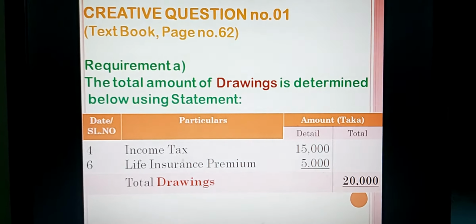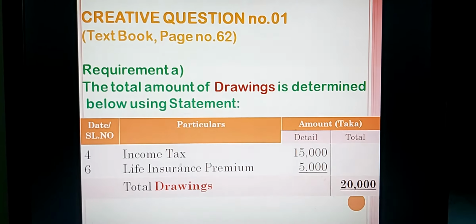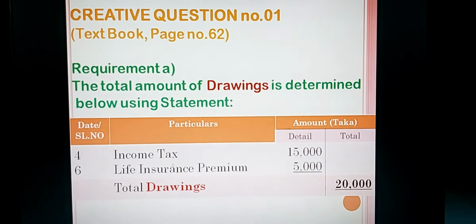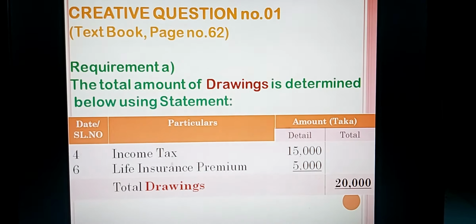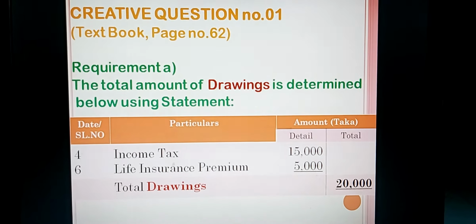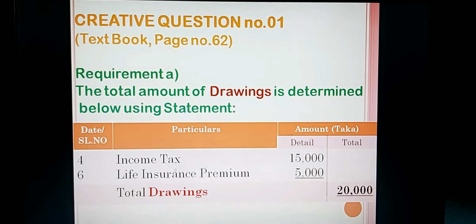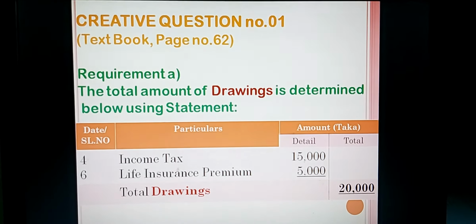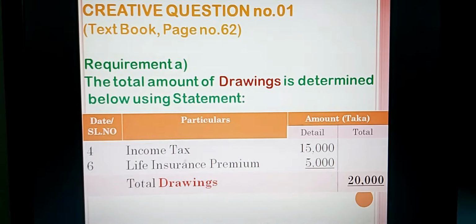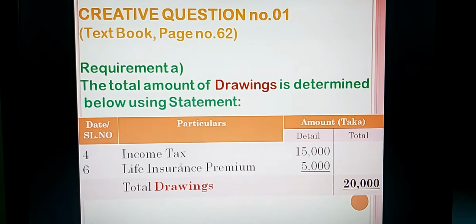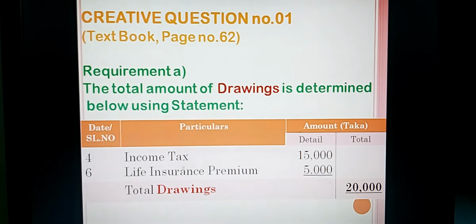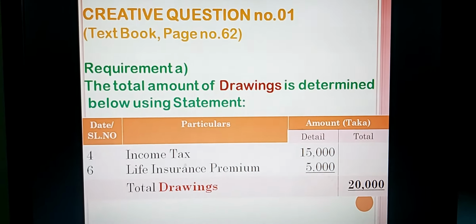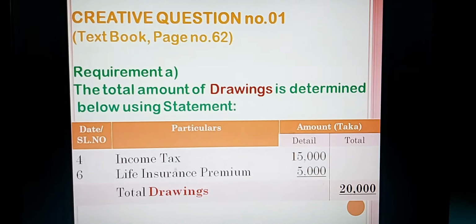Following account balances are available in a business as on 31st December 2017. Totally 19 accounts are given for finding out different types of requirements.